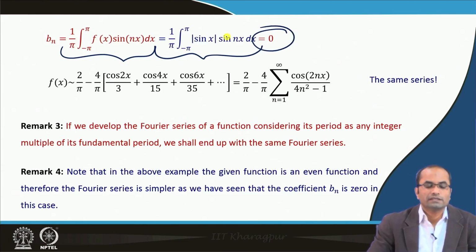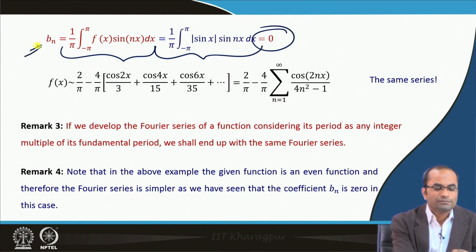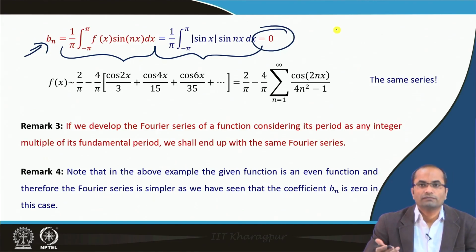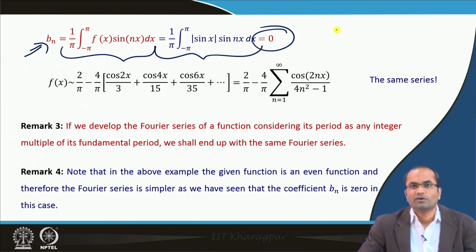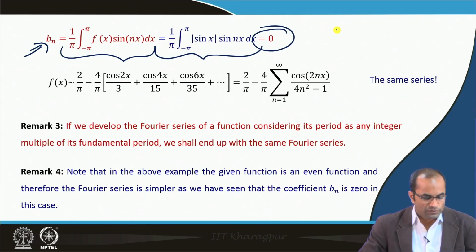If this f(x) is an even function, naturally this b_n will disappear, or vice versa. If we are talking about the odd function, then a_n will become 0 and we have to just compute b_n. So, if the function is odd or even, we can simplify the calculations, and either a_n will survive or b_n will survive.